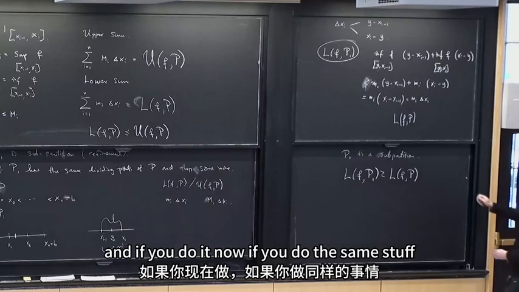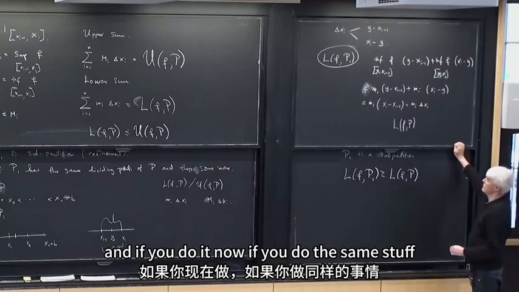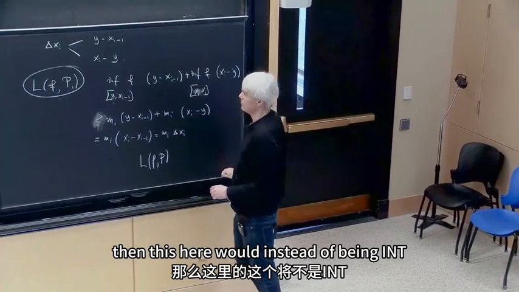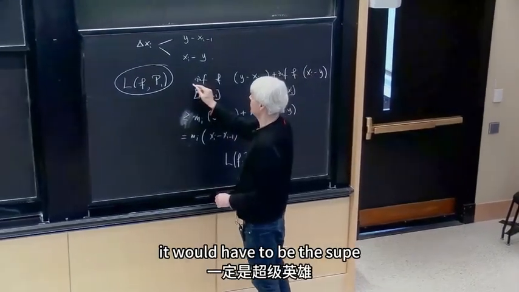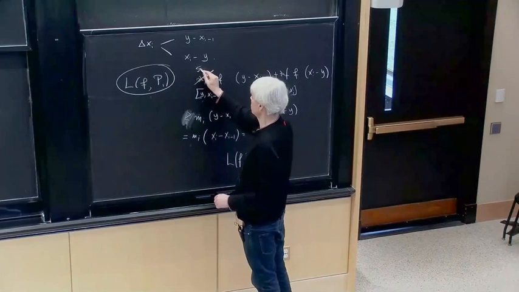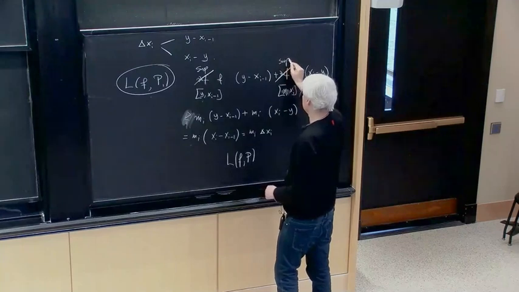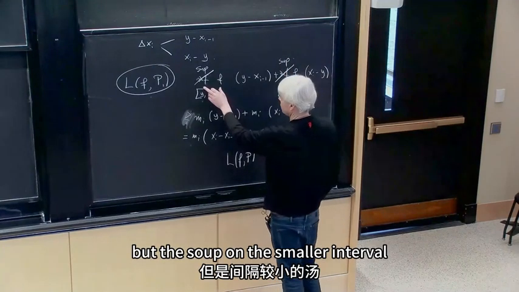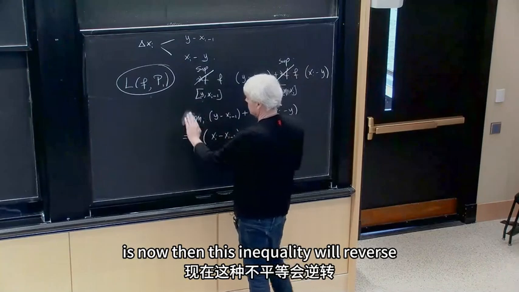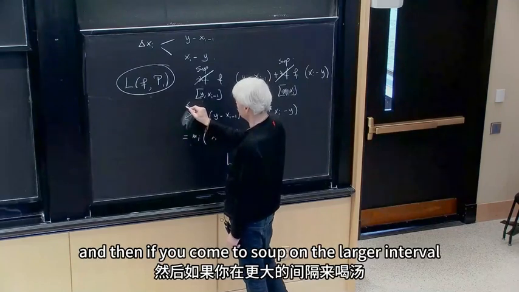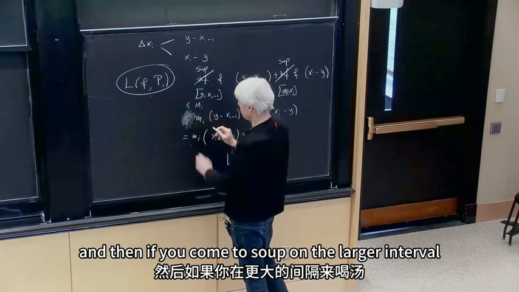And if you do the same for the upper sum, then instead of the inf, it would have to be the sup. But the sup on the smaller interval is now less or equal to the sup on the larger interval, so this inequality reverses.